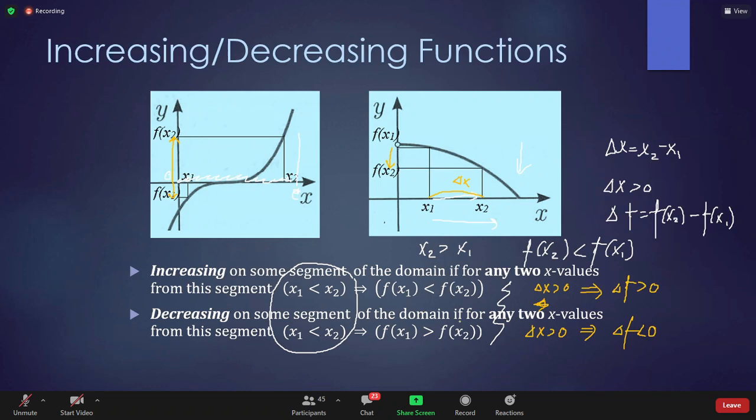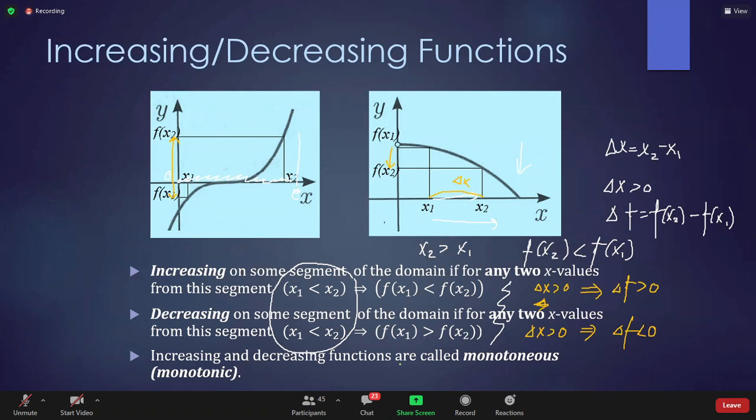And so to say, an umbrella term, one word for increasing or decreasing functions, is monotonous or monotonic. A monotonic function on a segment means it does not change direction. It's all increasing or all decreasing on that segment. We will also talk about intervals or segments of monotonicity for functions that increase and decrease.